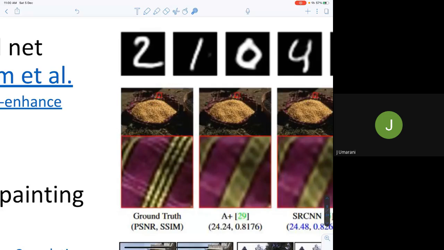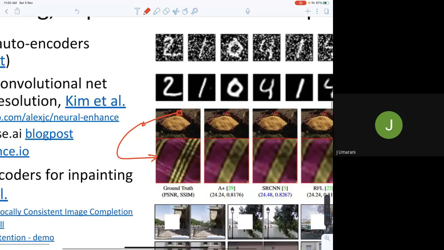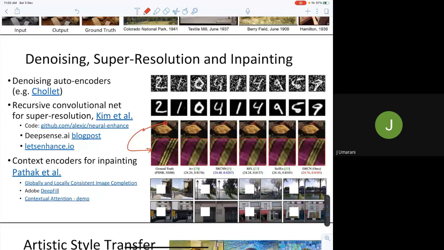Why do we want super resolution? Suppose you have microscopic images and you want to see the macroscopic structures available in them. Several times we need to do super resolution, converting small images into big, high resolution images.